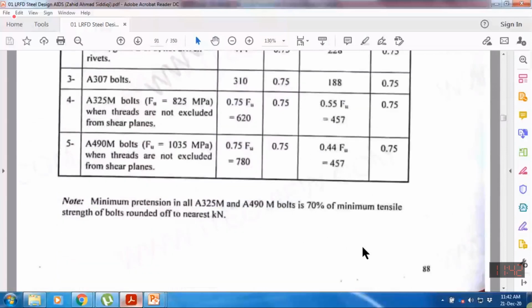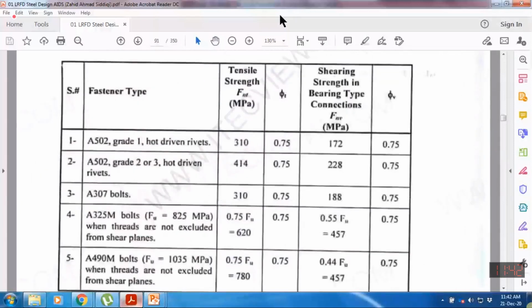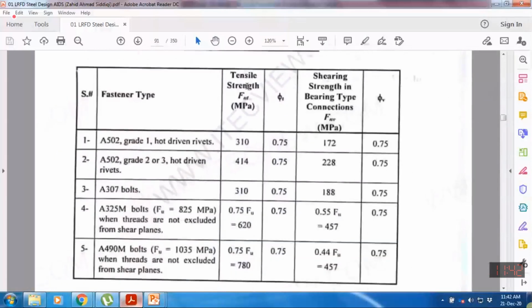So if in an example problem or in the examination, you are told to use grade 2 or grade 3 hot driven rivet as per ASTM A502, it means that you need to consider the shear strength of that type of rivet as 228 and the ultimate strength as 414. So you need to consult this table.